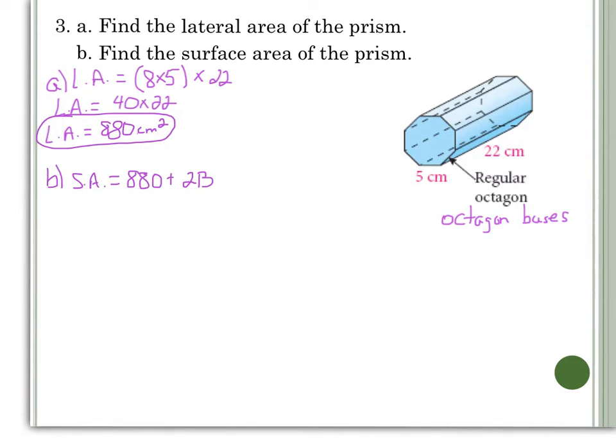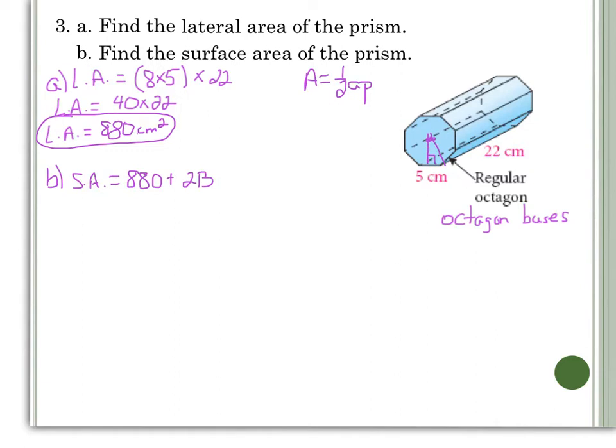So remember, a regular octagon, we're going to use that formula 1/2 apothem times perimeter. So if I draw in the center of my octagon, draw in the apothem and the radius, I have a right triangle.